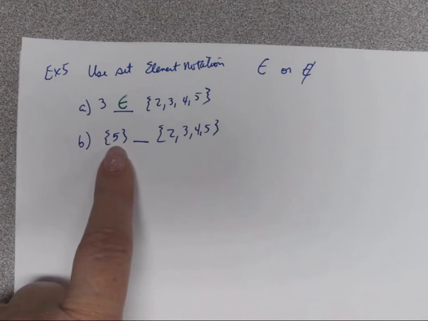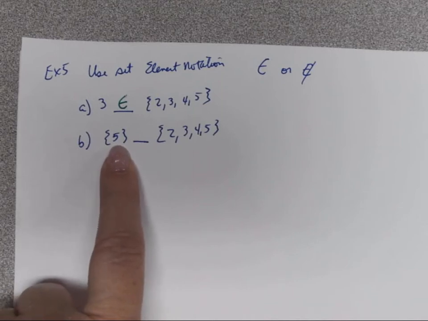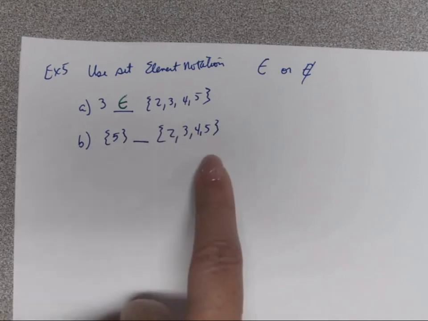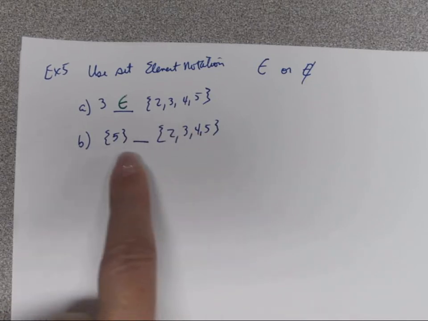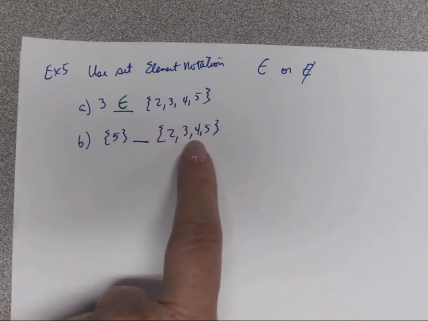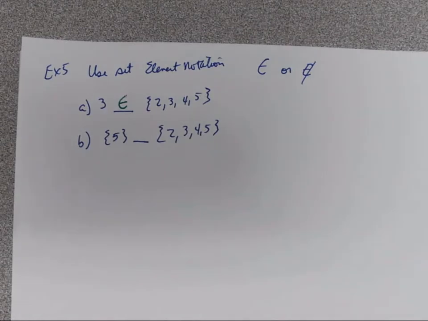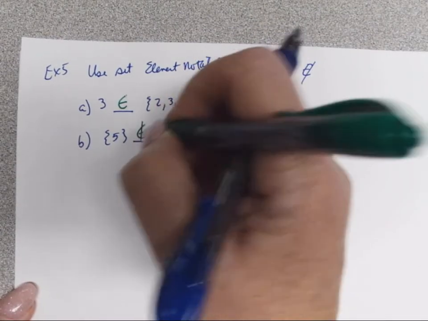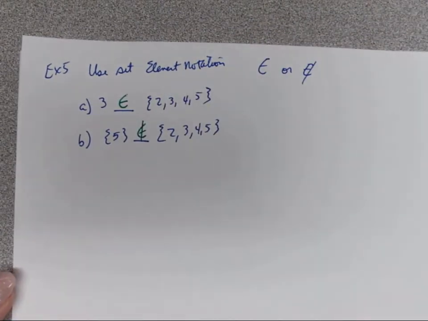This is a 5 with curly brackets around it. That means it's the singleton set of 5. Is it in there? There is not a 5 surrounded by curly brackets on itself right there, so this would be not an element. 5 is a number, but it's not the same as that there.